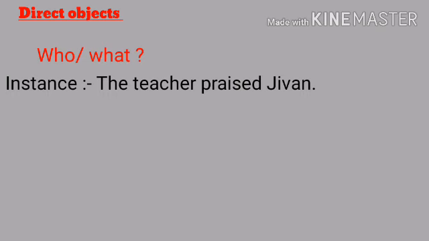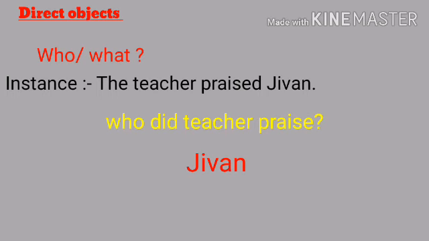In order to identify the direct object, I will ask the question, who did the teacher praise? And I will get the answer, Jivan. And therefore the word Jivan is the direct object here.